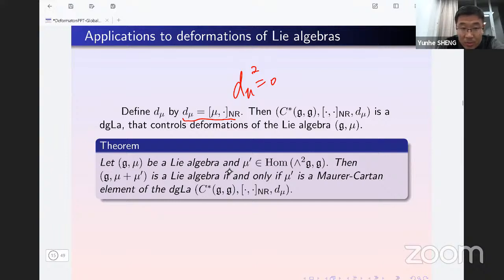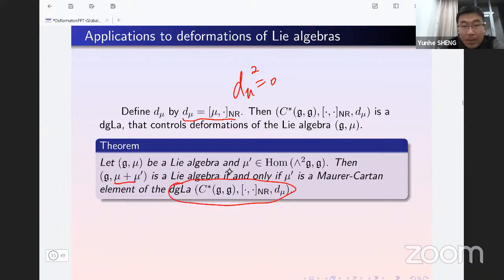And this differential graded Lie algebra will control deformations of the Lie algebra G mu. More precisely, let G mu be a Lie algebra and mu prime a linear map from wedge 2G to G. Then mu plus mu prime is a Lie algebra if and only if mu prime is a Maurer-Cartan element of this differential graded Lie algebra.